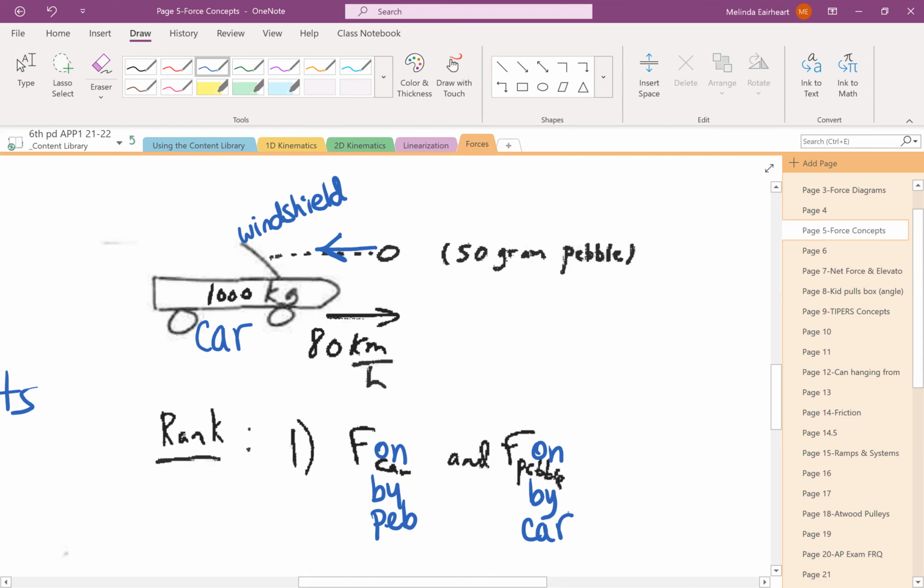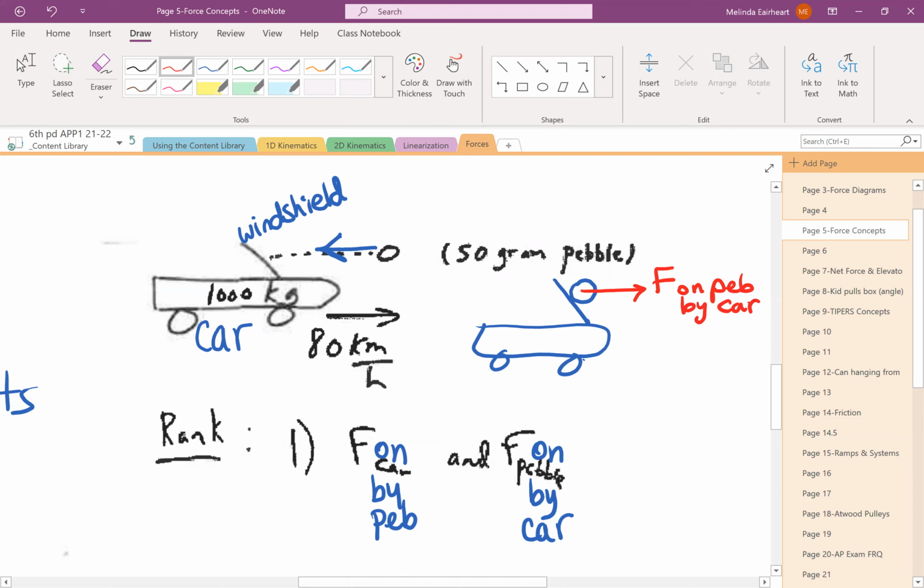So this is when the pebble hits the windshield. And so if we fast forward, here's our car, there's our windshield. When the pebble hits the windshield, the windshield is going to have a force on the pebble by the car to the right.